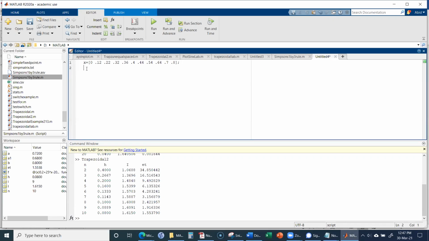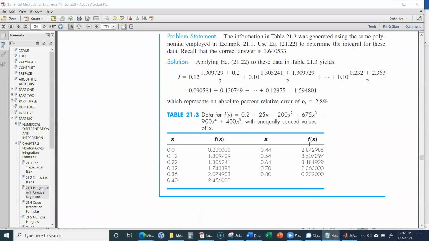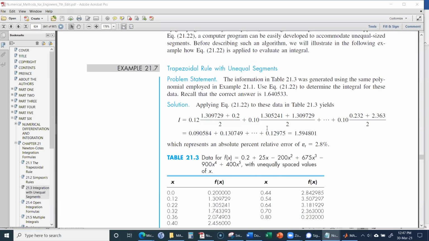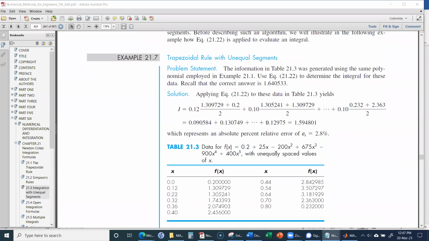Here we are doing the same for this fifth order polynomial equation.